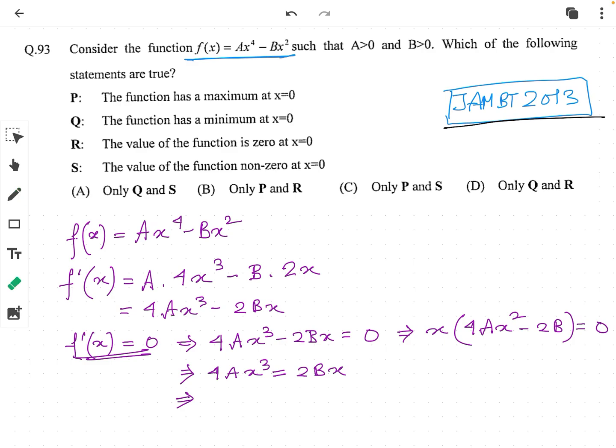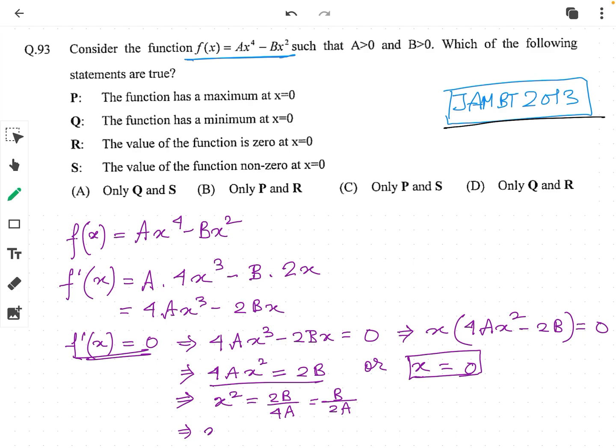So from here we get x equal 0, or 4a x square equal 2b. So this is a solution, that is x equals 0, and another solution is x square equal 2b by 4a, or we can write it as b by twice a.